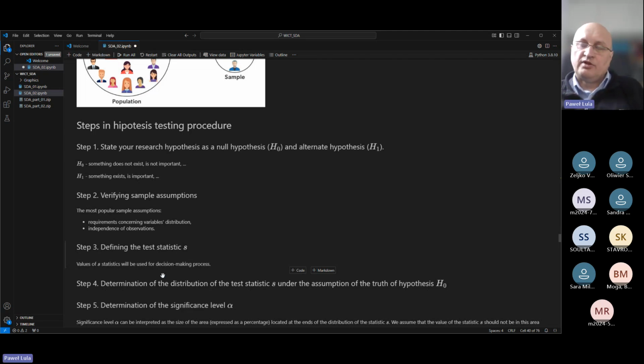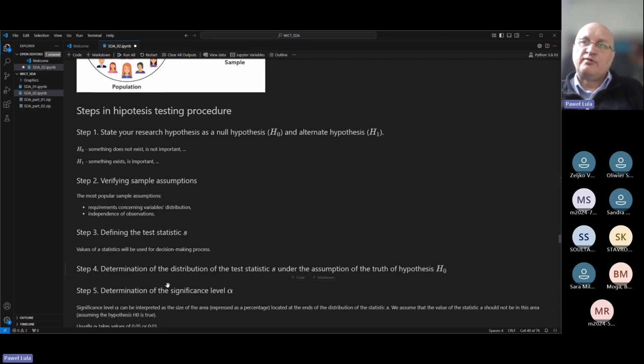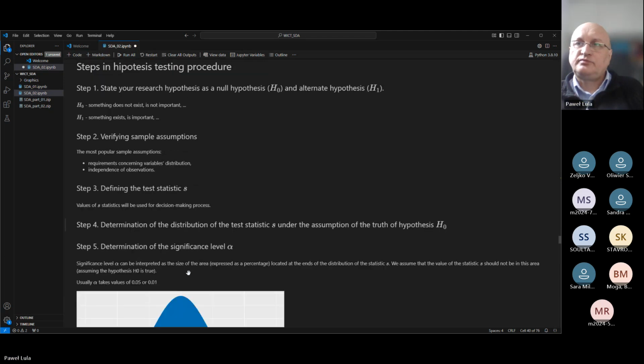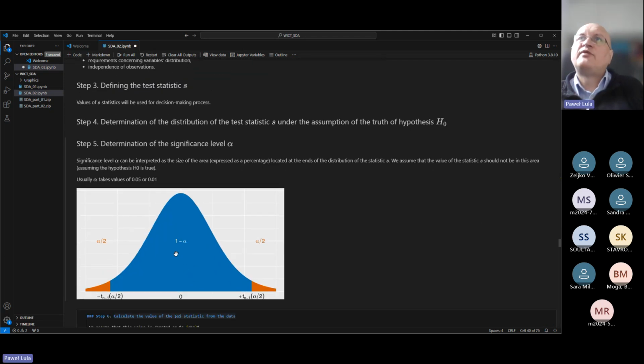And also, we have the information about the distribution of this value. For example, we have that this S statistic has normal distribution. We must know the distribution of the test statistic.